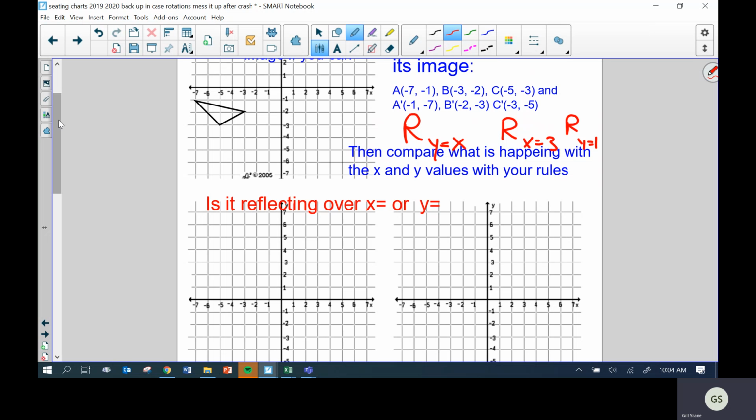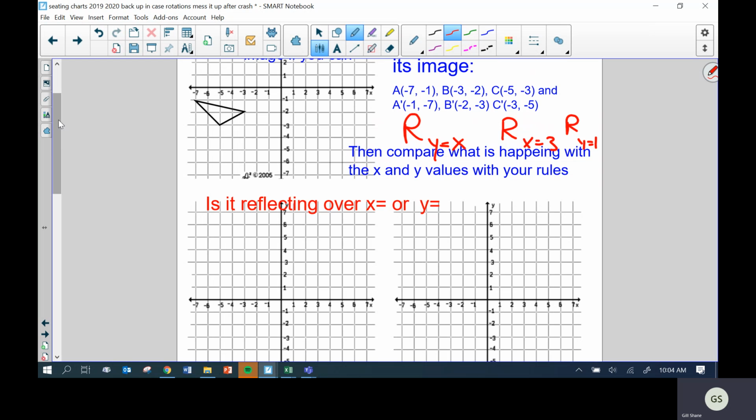So you've got to be able to figure out, is it reflected over just a vertical line or a horizontal line? And there's no rule for that. So again, if you look at all the rules, the only rules are x-axis, y-axis, y equals x, y equals negative x. This doesn't follow any of those.